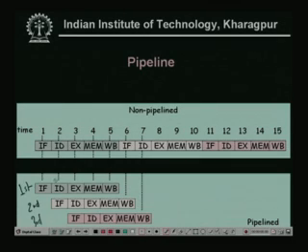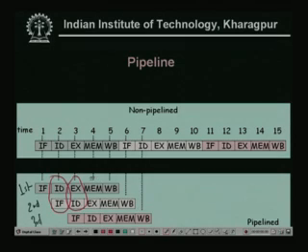Here at the second time stage, these two are overlapped, instruction decode and instruction fetch. Similarly, at the third time step, instruction decode and instruction execute, this is IDIF, instruction decode, instruction fetch.